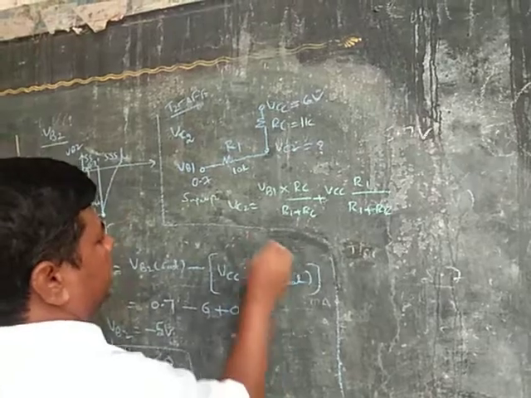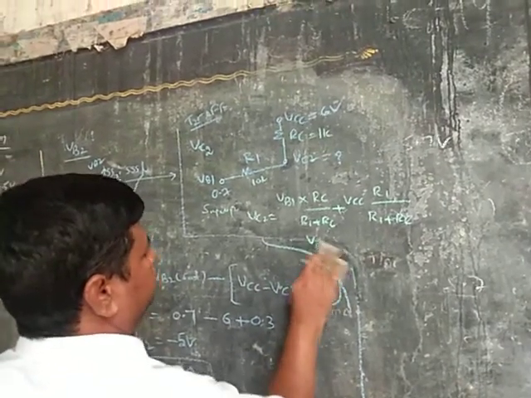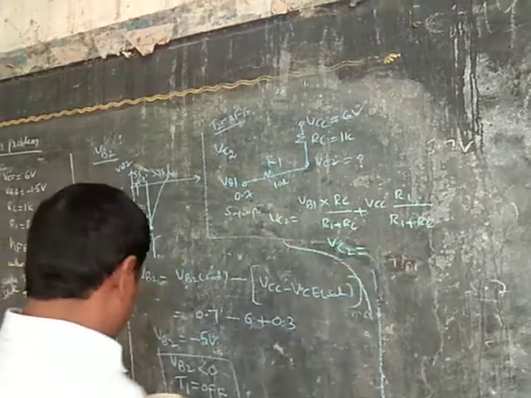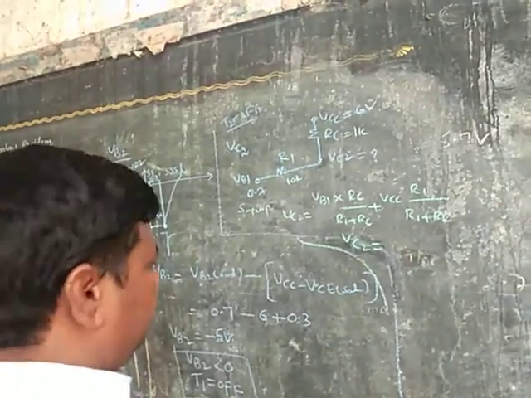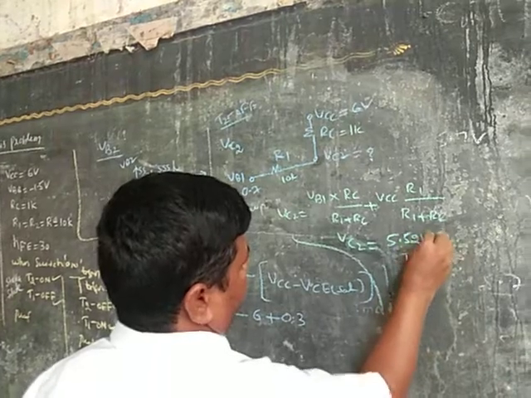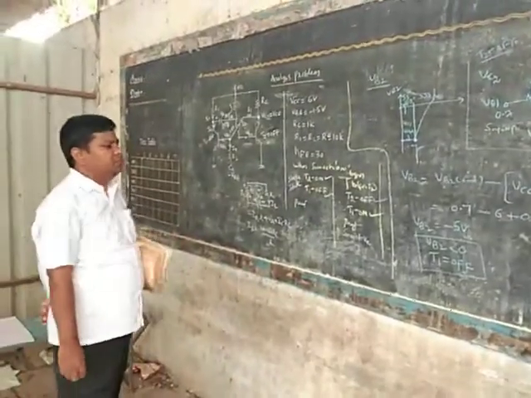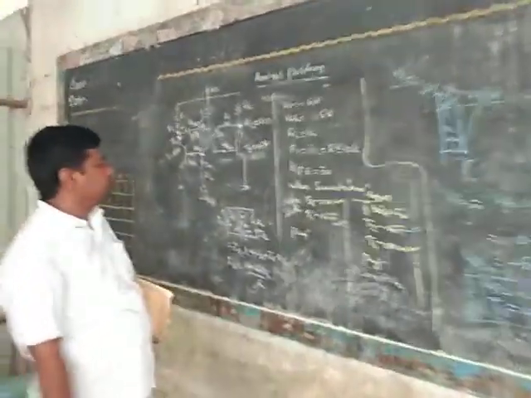Then substitute values, you will get VC2 equal to around 5.52 volts. So this is the procedure for analyzing the monostable multivibrator.